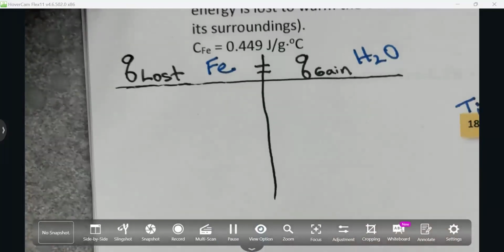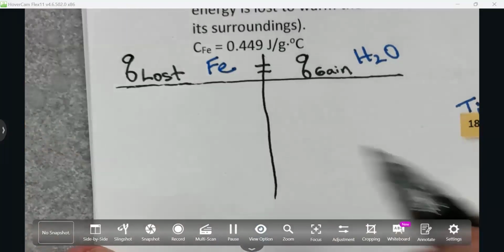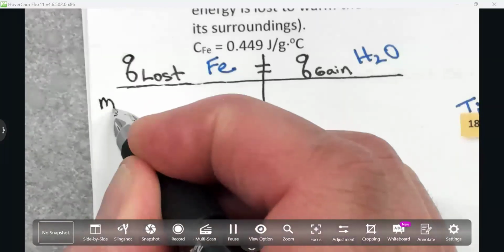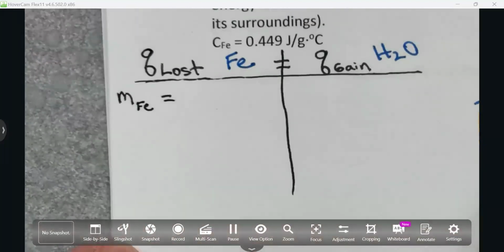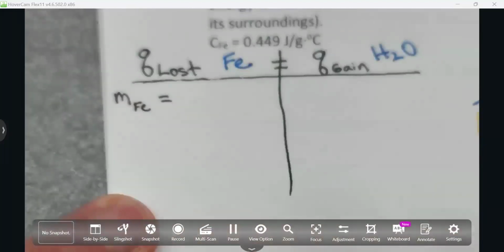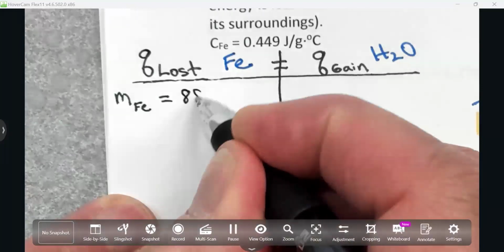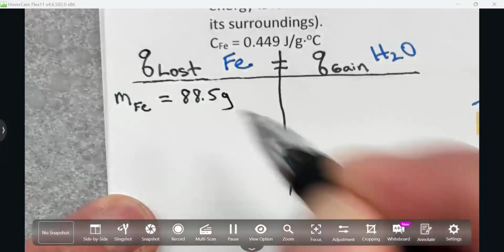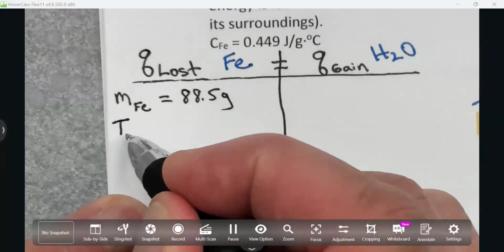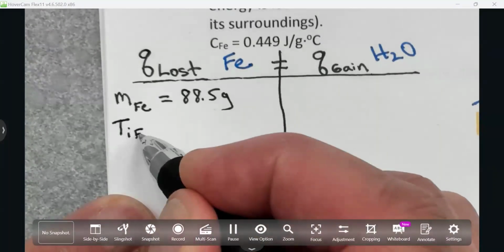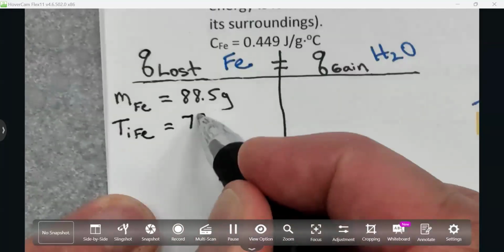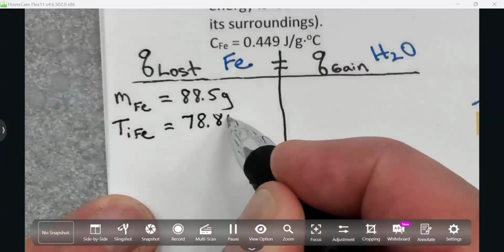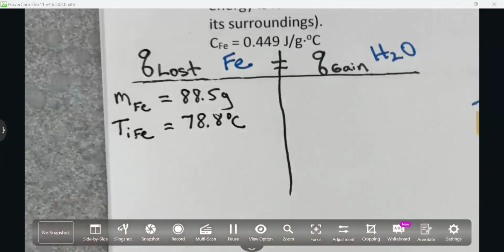Here's what we know. Our mass of our iron is 88.5 grams. Our initial temperature of our iron is 78.8.